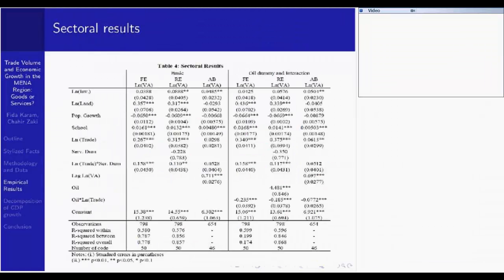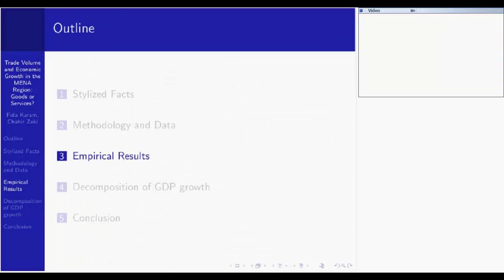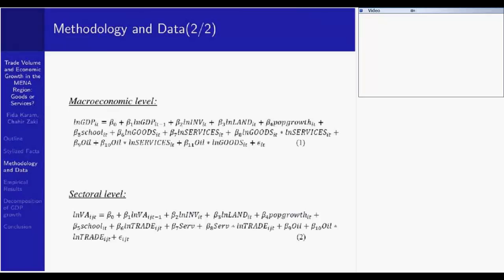I think in the slide presenting the coefficients, the land coefficient is 0.00. What does it represent, and how could we explain the zero land coefficient? Thank you.